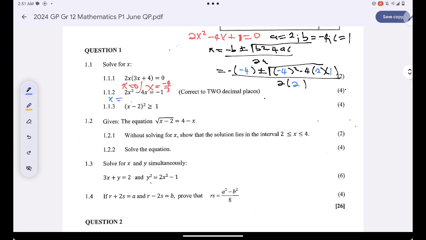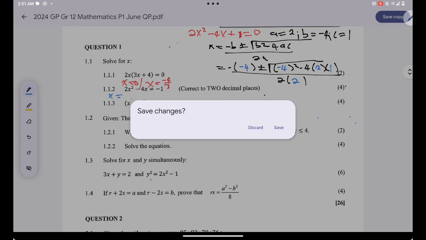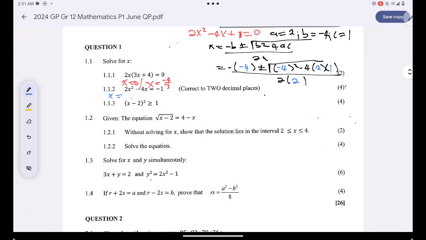Therefore, x is equal to 3.41 or x is equal to 0.59.